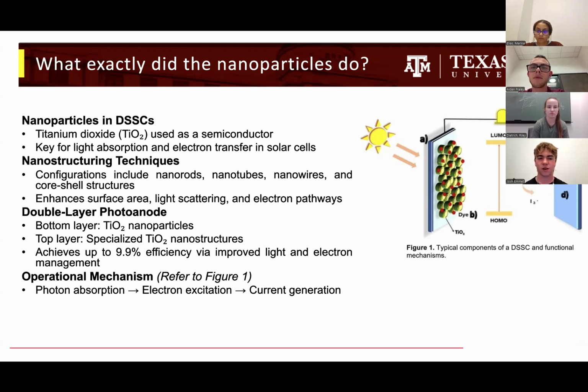One example from the study uses a double layer photoanode with a bottom layer of TiO2 nanoparticles and a top layer of various TiO2 nanostructures. This configuration achieves efficiencies as high as 9.9%, attributed to the synergistic effects of controlled light and electron transfer. And figure 1 on the right shows the typical components of a DSSC and functional mechanisms, where it goes from photon absorption to electron excitation to current generation.